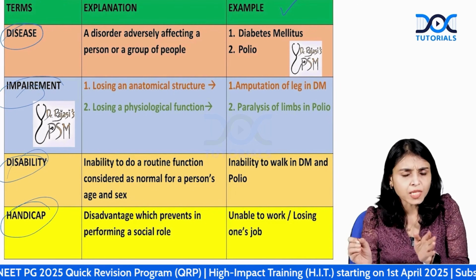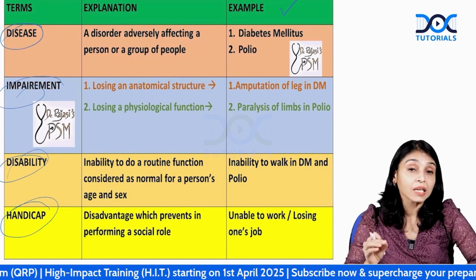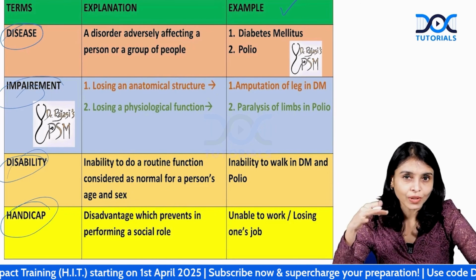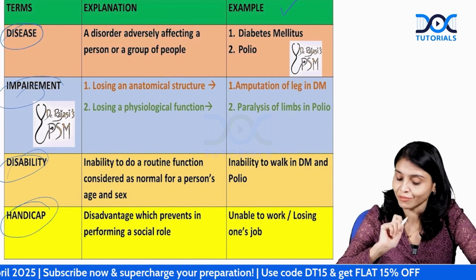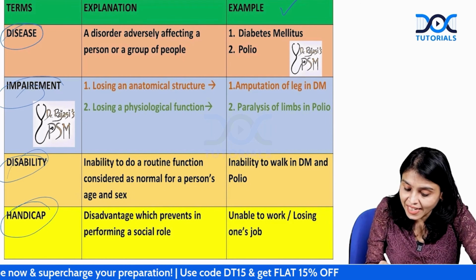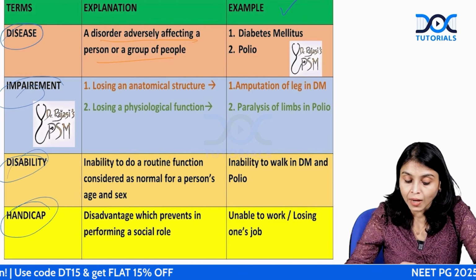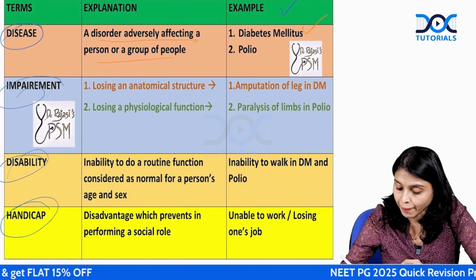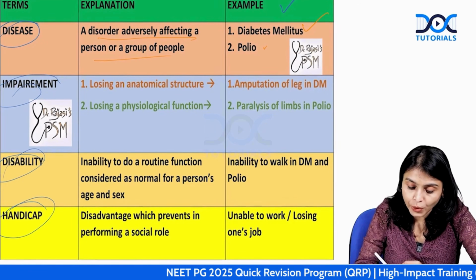Dis means, as the name indicates, a negative effect on ease, your comfort. So something which is affecting your comfort is disease. Disease always affects your comfort, right? It is a disorder adversely affecting a person or a group of people. Now, for example, diabetes mellitus, polio. Now, disease can in turn lead to impairment.